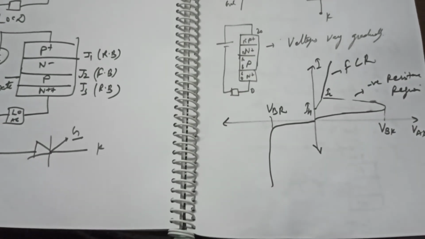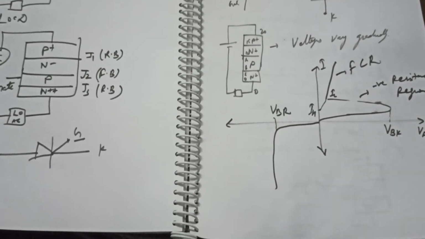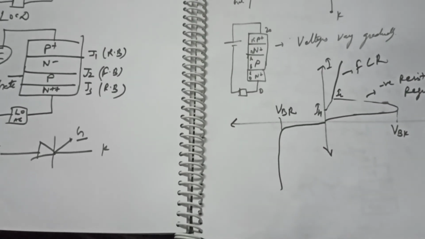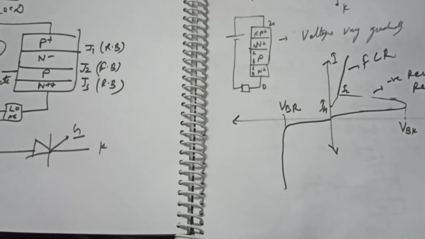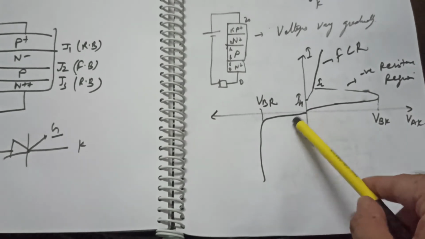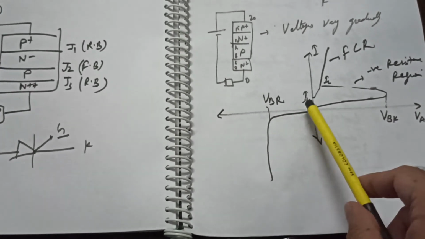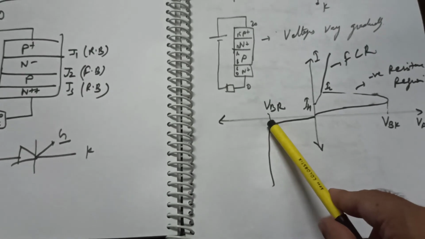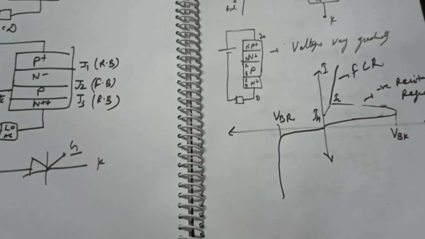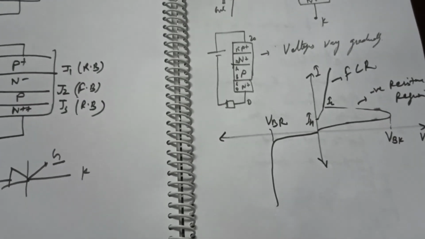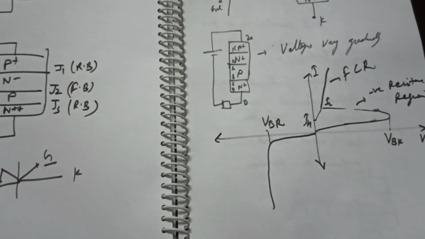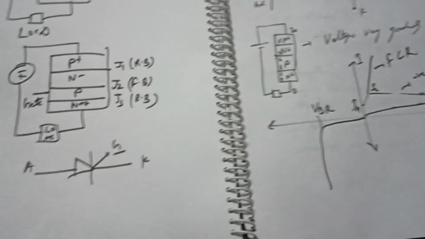Now have a look at the negative part, how the voltage controls the current flow in the reverse direction. It is quite similar to what we observe in a diode. As the voltage is increased, a very small leakage current will flow, and when the voltage keeps increasing, suddenly the device current increases in the reverse direction and the device burns off.